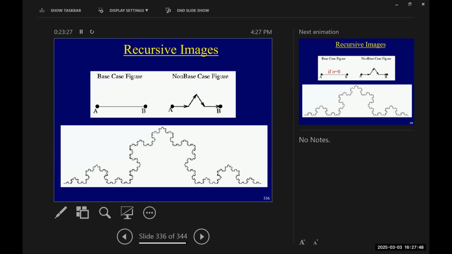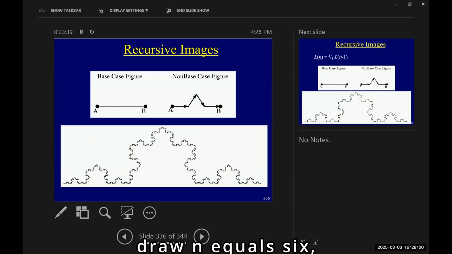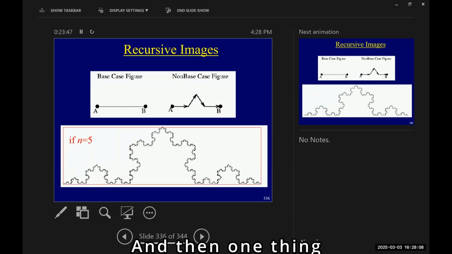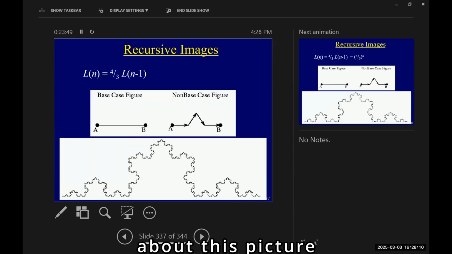So n equals 0 is a line, n equals 1 is just a triangle, 2 and 3 and 4 and 5, right? And if you would draw n equals 6, it would actually look exactly like this, because you couldn't see the little difference.